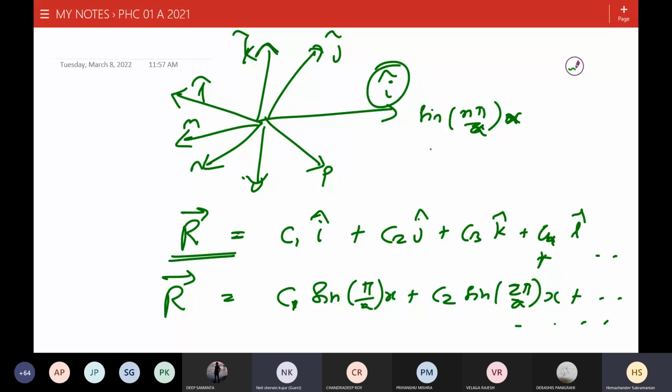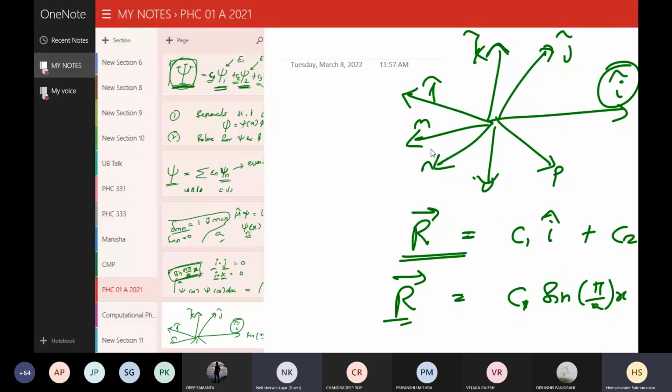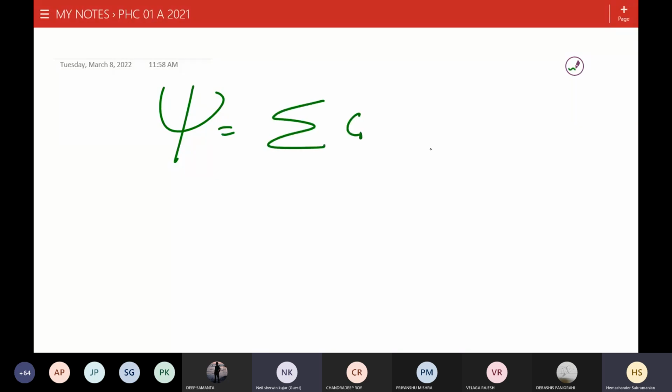Just like that, I'm going to write my psi as the summation of Cn psi n, n equals 1 to infinity. This is basically linear superposition.